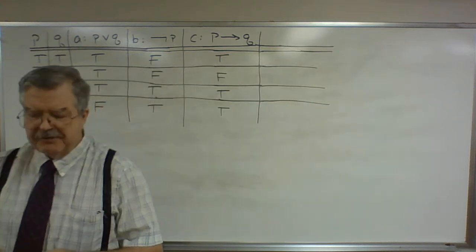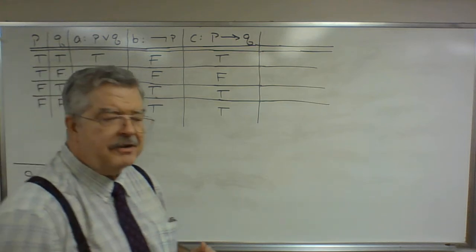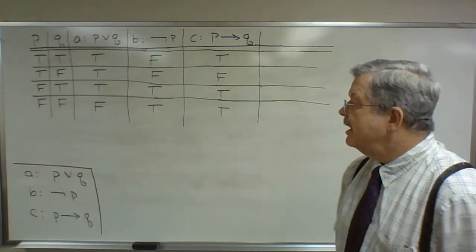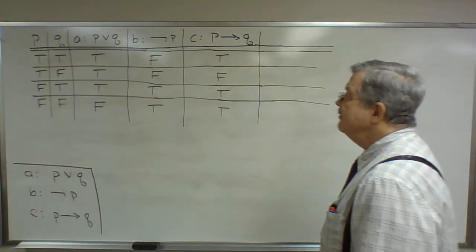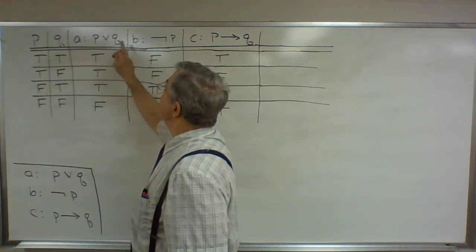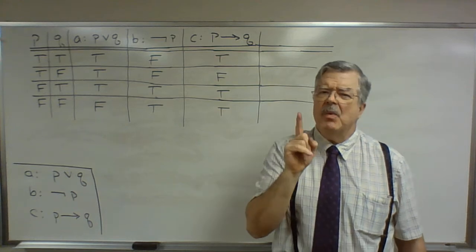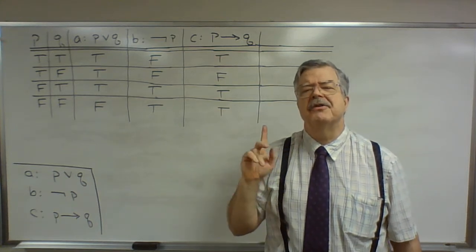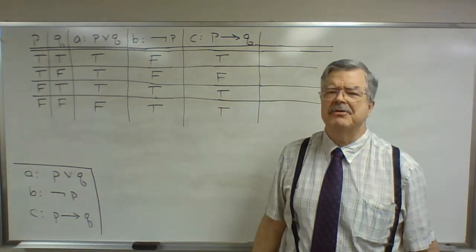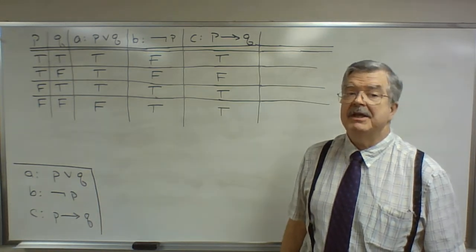Now, is our system of conditions consistent? It will be if we take the conjunction of A, B, and C, and it's true for at least one combination of truth values of P and Q.